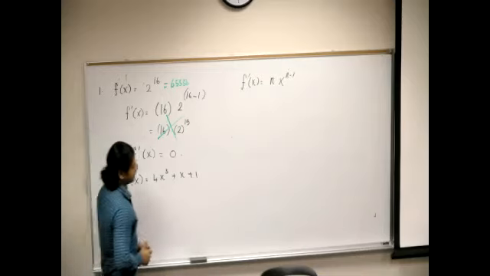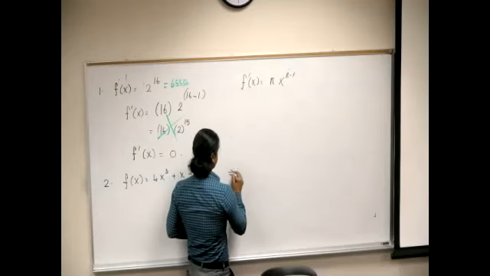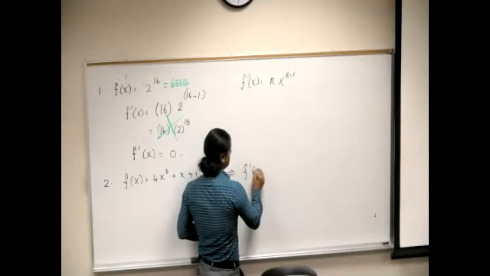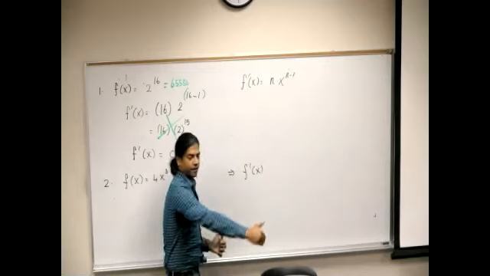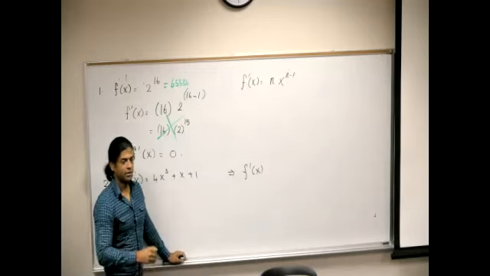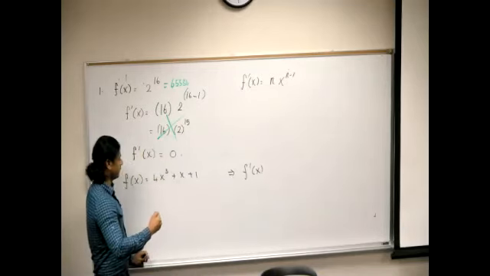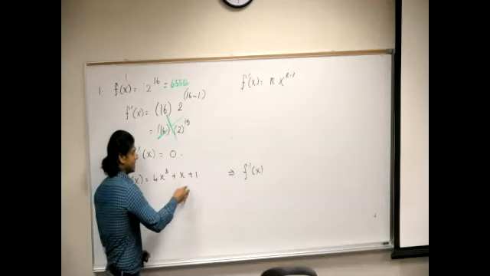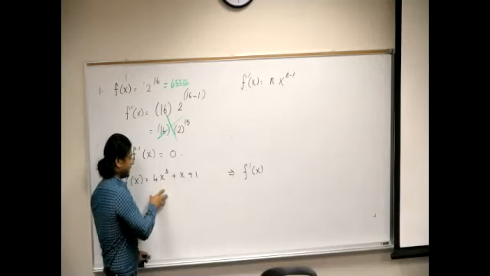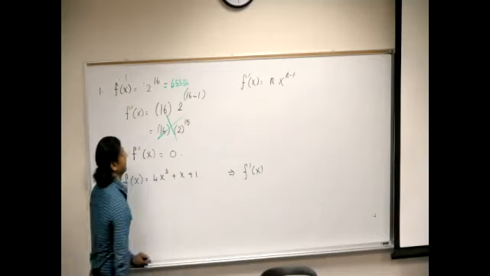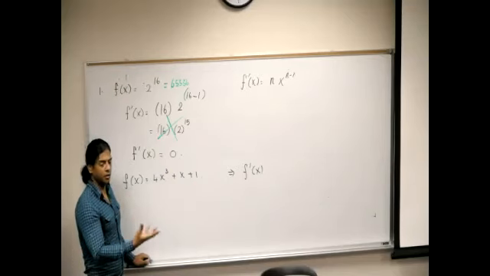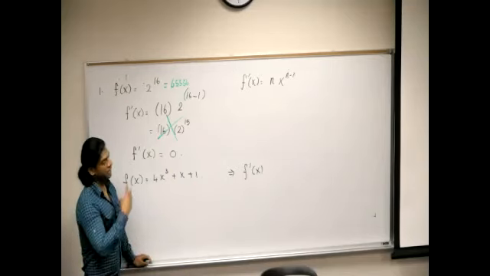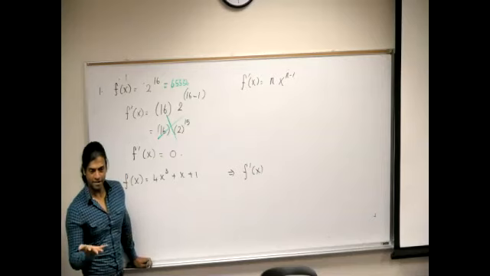What does one of the limit laws say? If you have a bunch of functions added together, you can apply the limit to this, that, and that. If that holds true for limits, it must also hold true for derivatives.